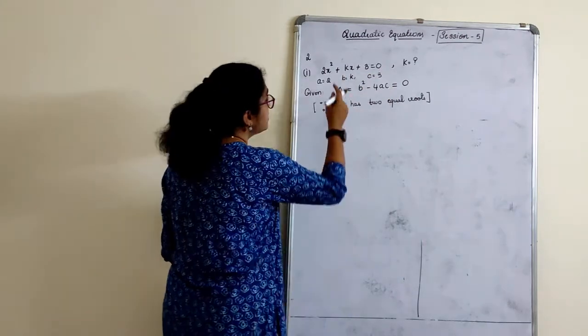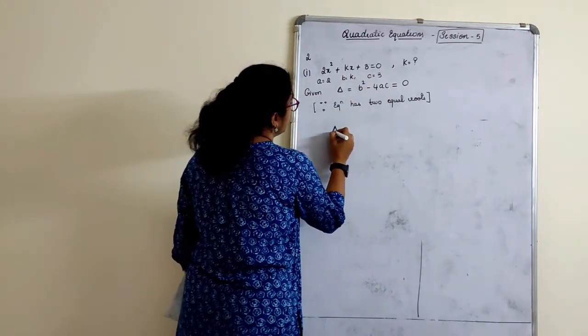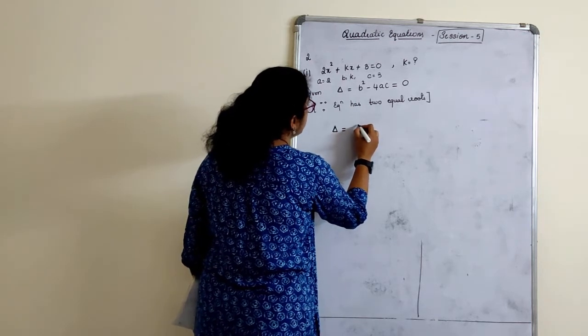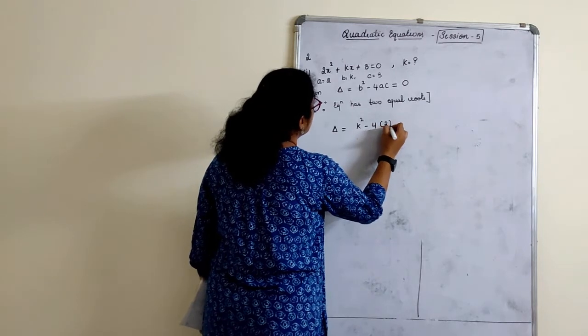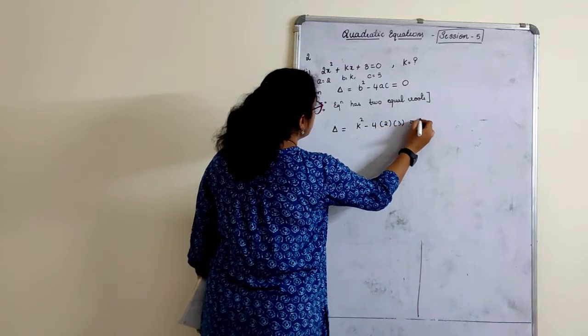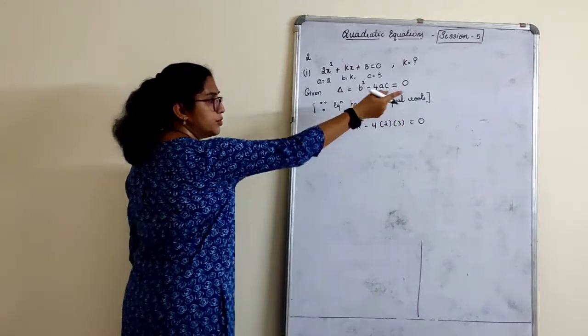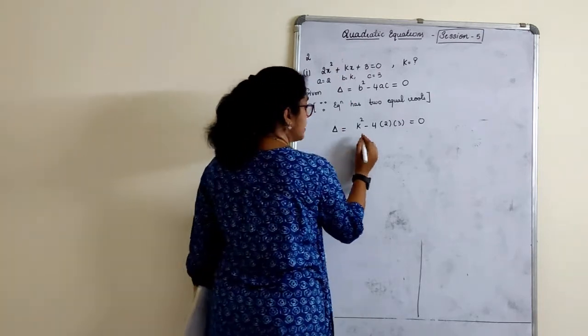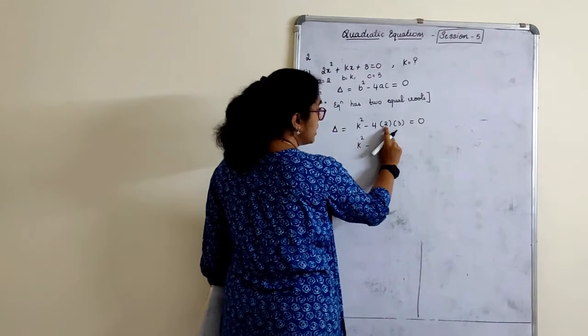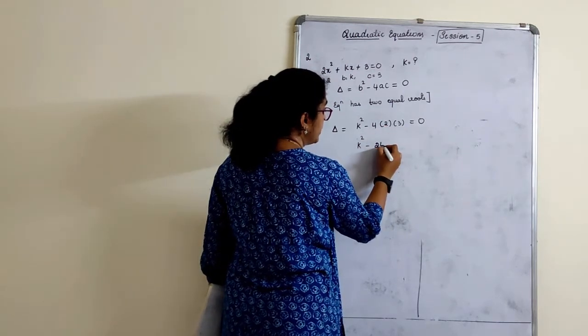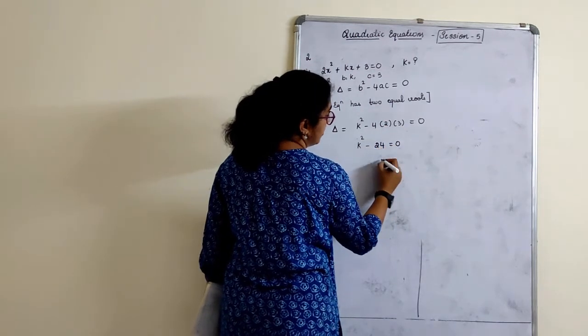This I need to write first, then this. Now delta is equal to b square, which is k square, minus 4 into 2 into 3 is equal to 0. Only once I put the equal to sign here. After that we will skip it. k square minus 4, 2 3s are 6... 4 2s are 8, 8 3s are 24, is equal to 0, right?